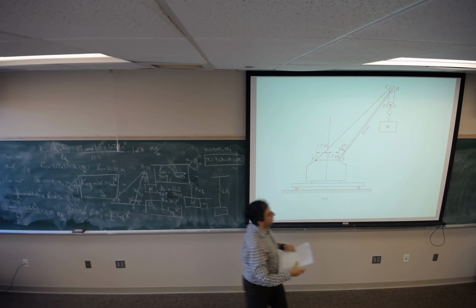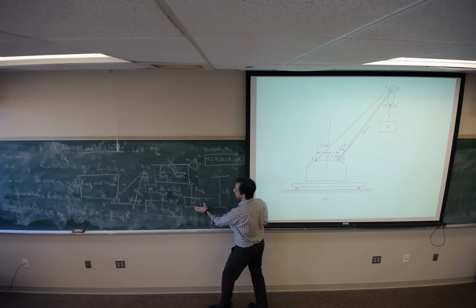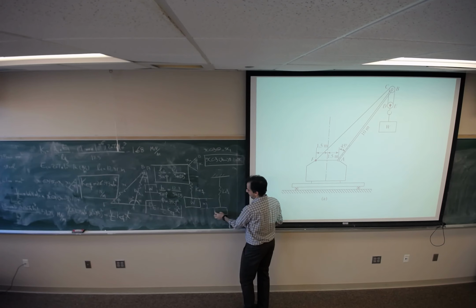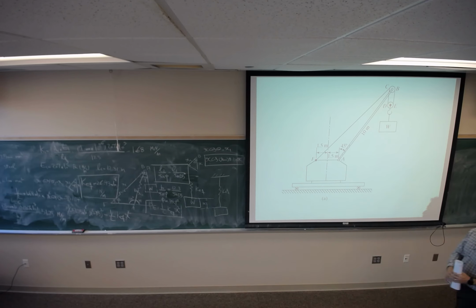And this is the equivalent stiffness for this current system. So you can replace this one by this weight and the spring value of 26.4 times 10 power 6.